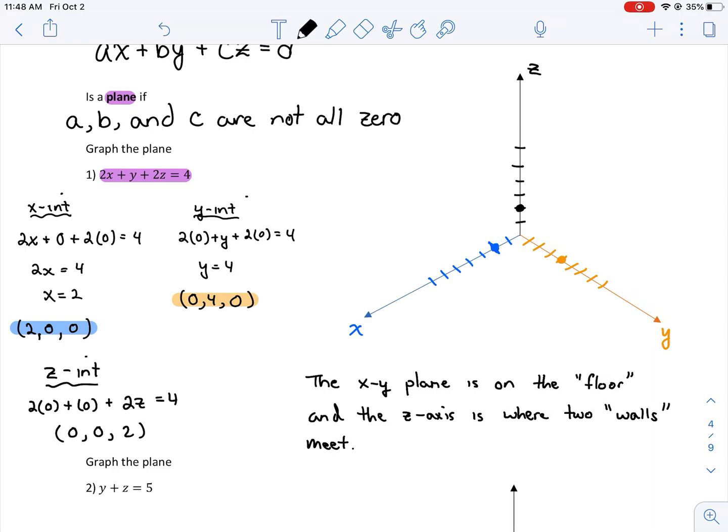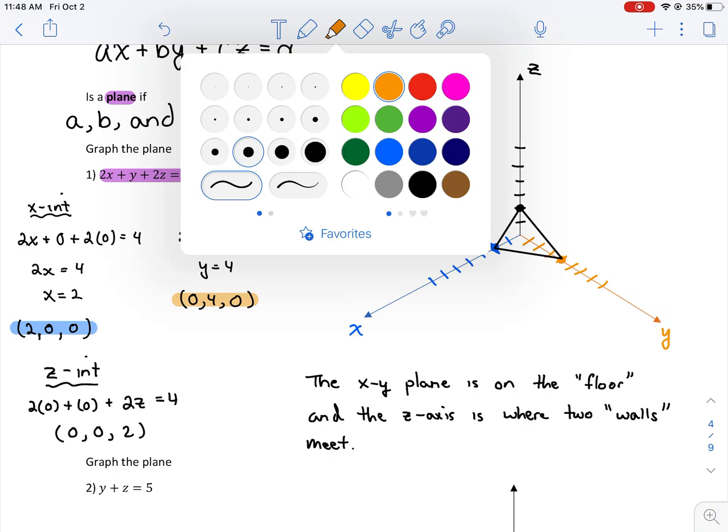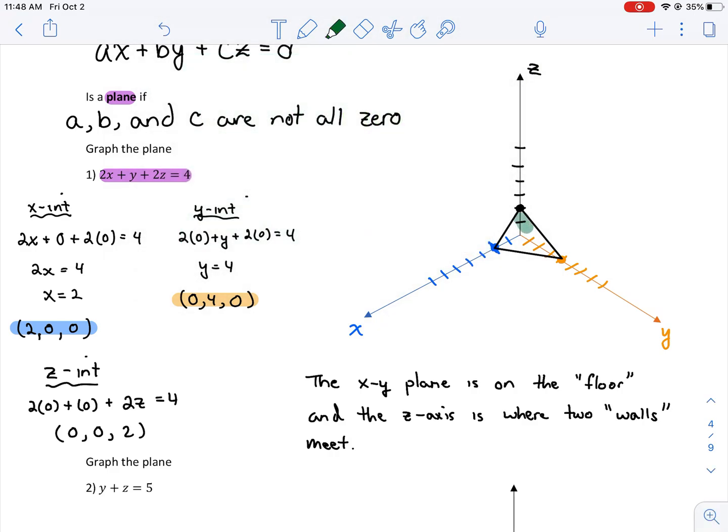So now I'm going to connect these three coordinates to make a triangle, and the plane is this area of the triangle.